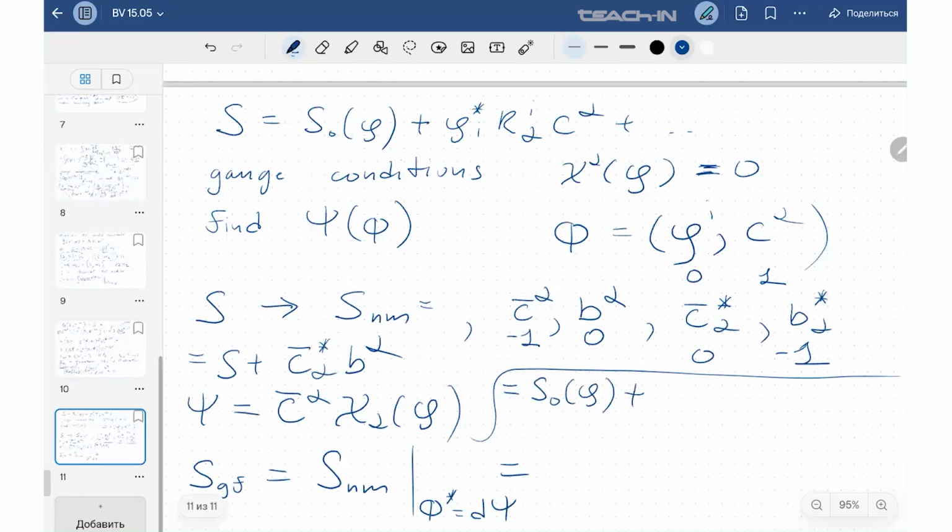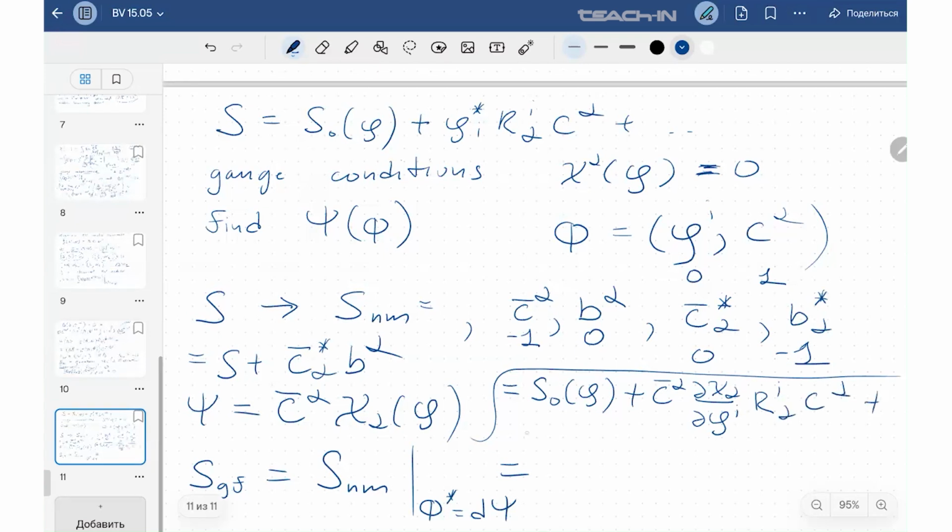Then we have this term phi star I, which should be replaced with a gradient of psi, with d psi over d phi I, right? So it gives me C bar alpha d chi alpha over d phi I, and then the remaining terms are I alpha C alpha.